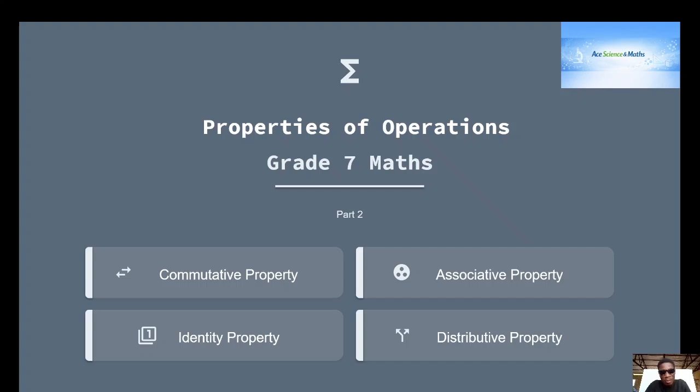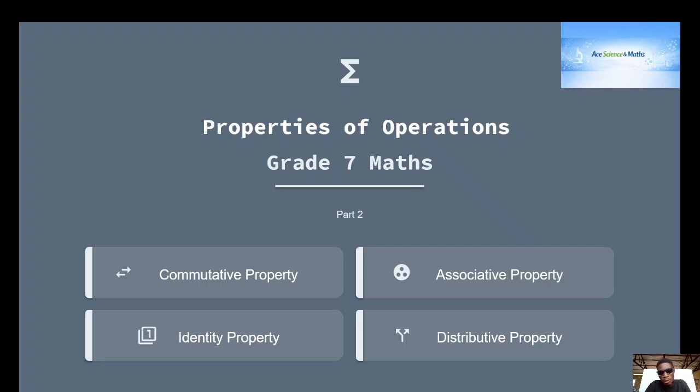Today we are going to look at the properties of operations. And I assure you that by the end of this video, you should understand what commutative properties, associative properties, distributive properties, and then identity properties are. So you'll be able to explain or identify these different properties.